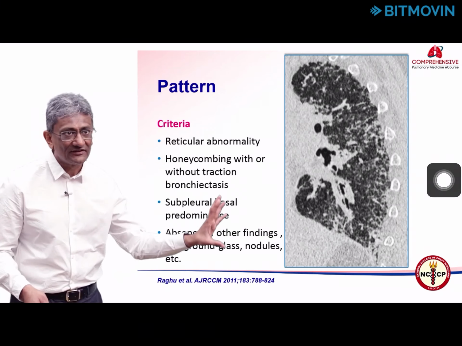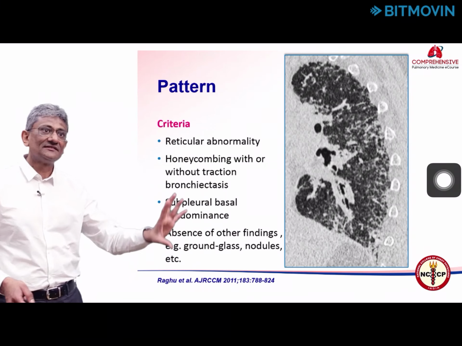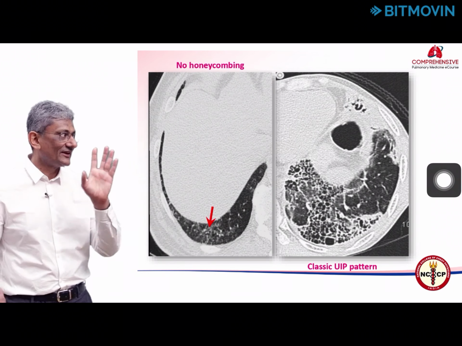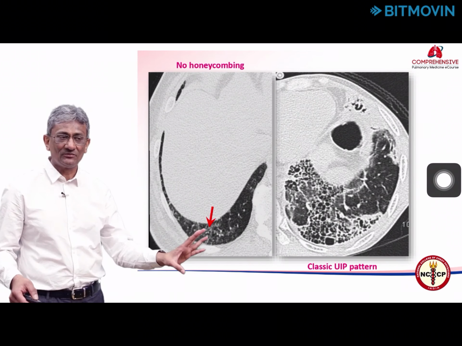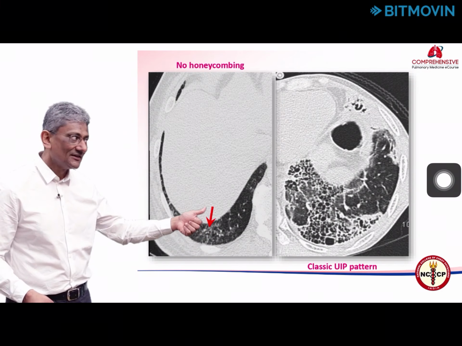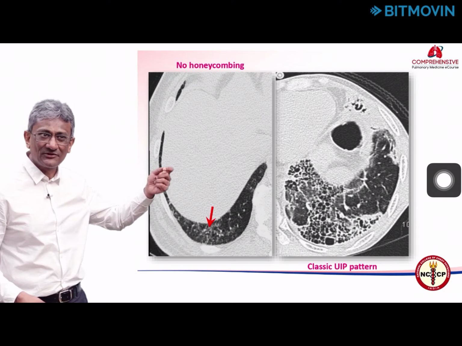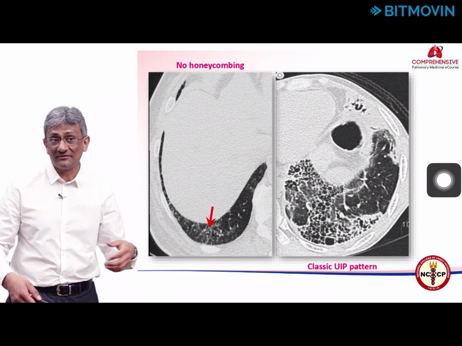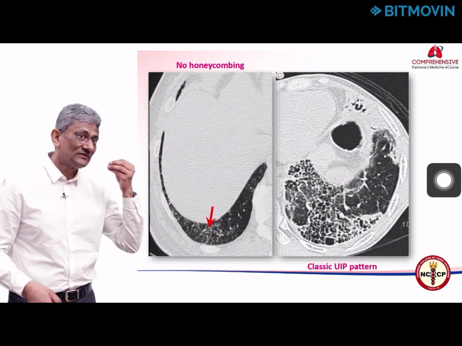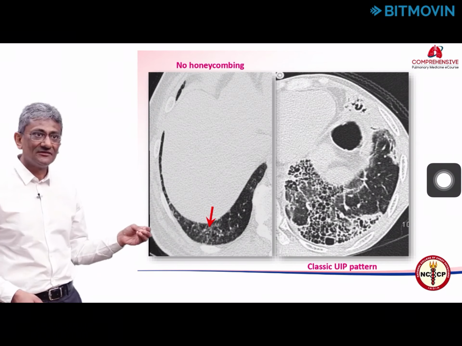Again, you won't have ground glass and nodules, and there is subpleural basal predominance, and this is what it looks like.